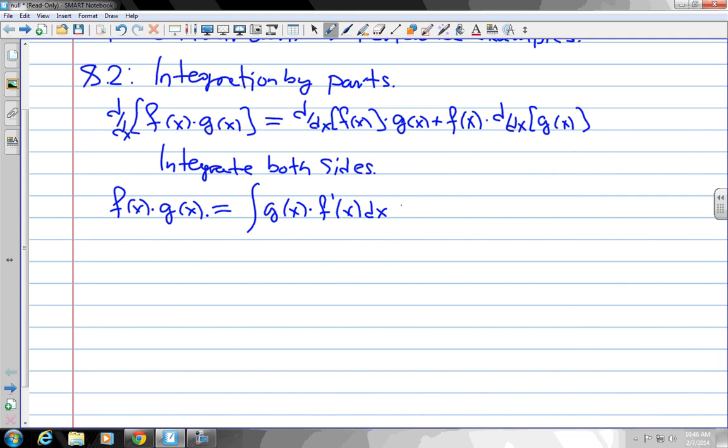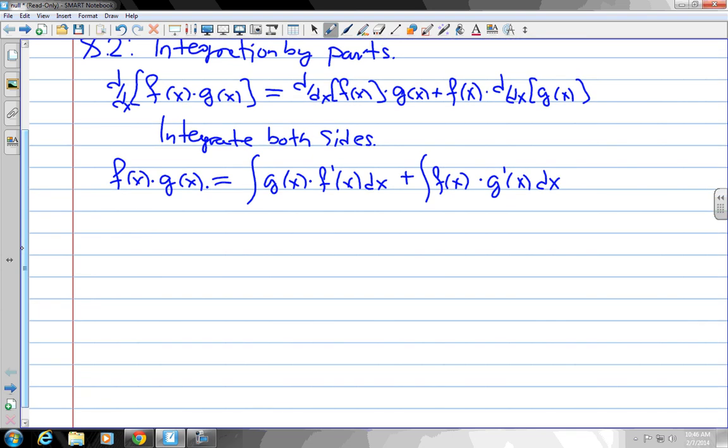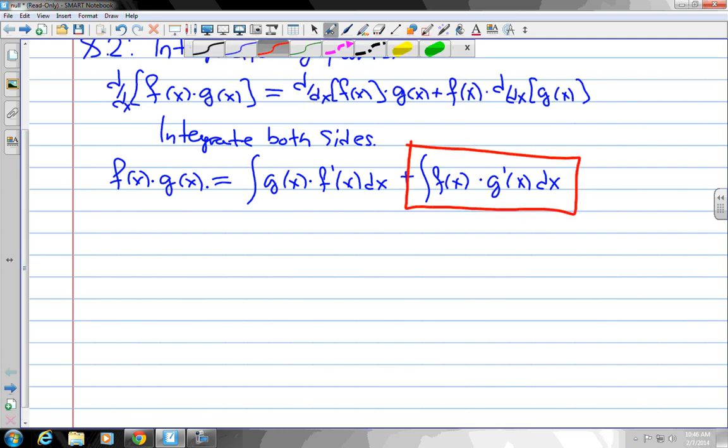And here we have f of x times g prime of x dx. And now I'm just going to algebraically solve for this integral.